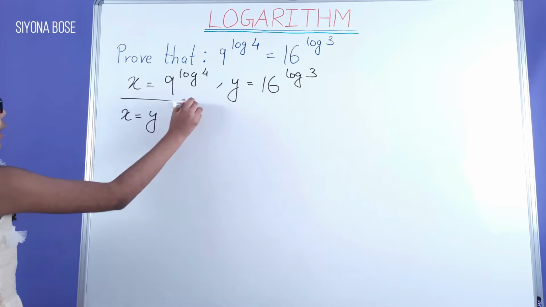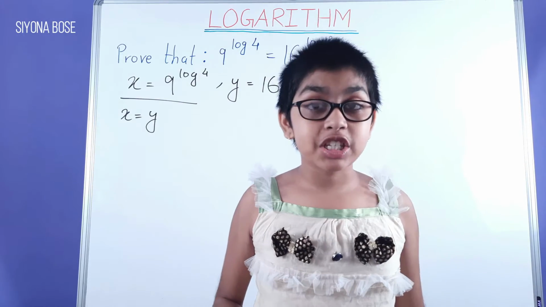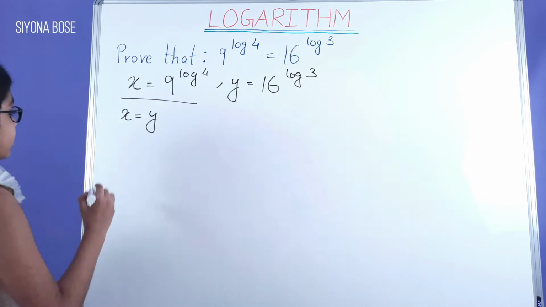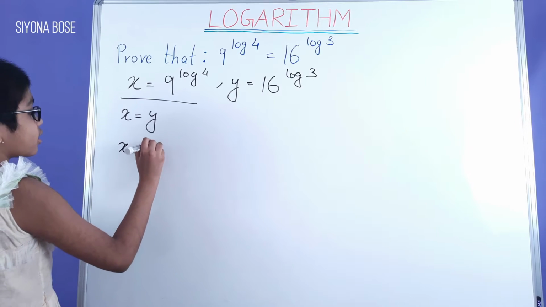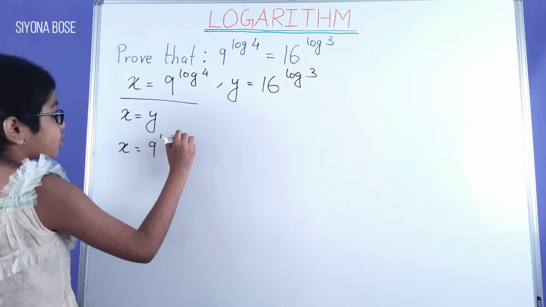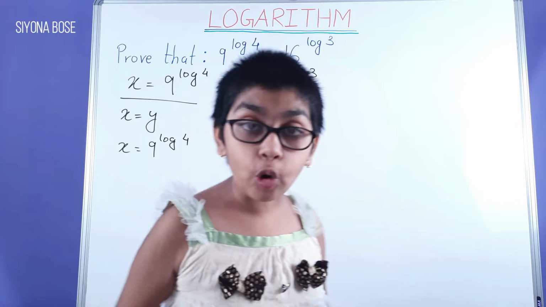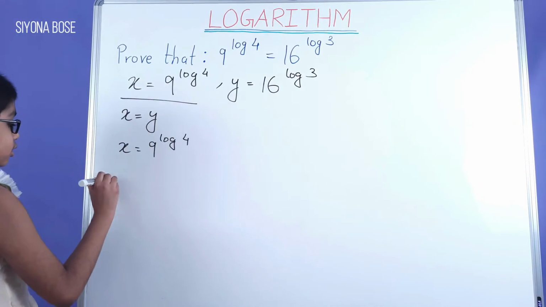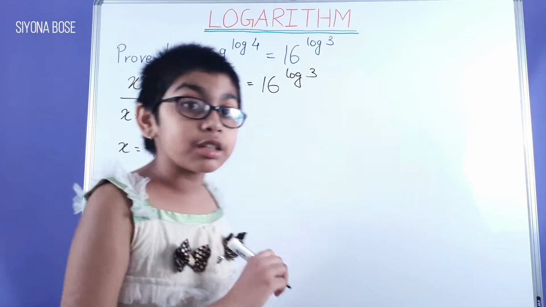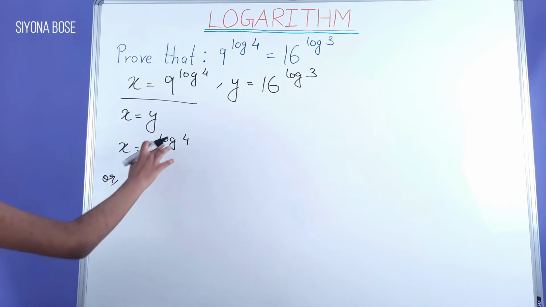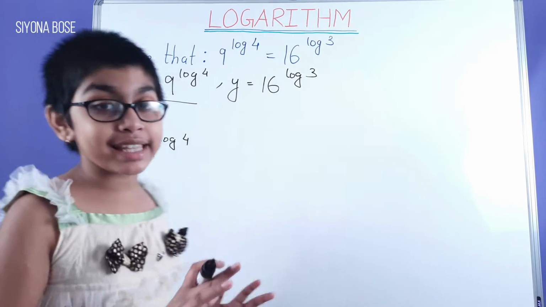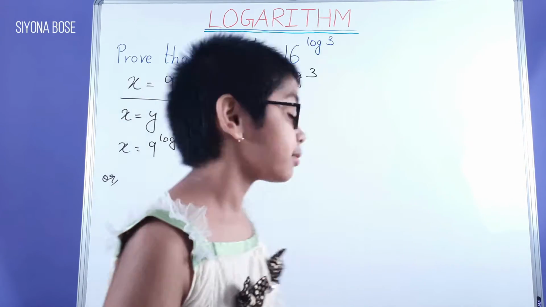Firstly, we will work with x equal to 9 to the power of log 4. Taking log of x to the base 10, whenever we don't write any base, we should consider the base as 10.